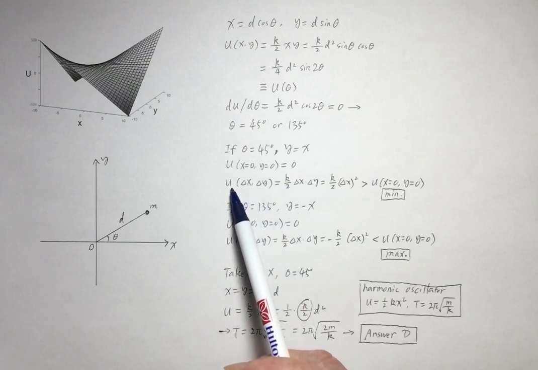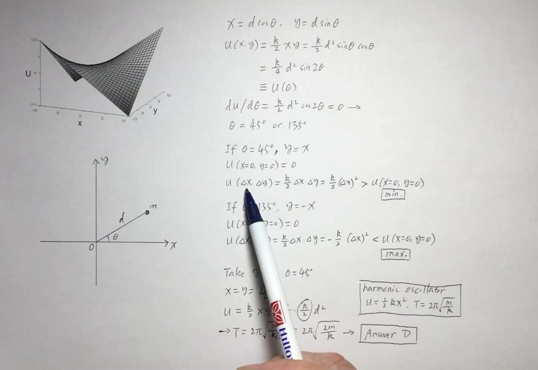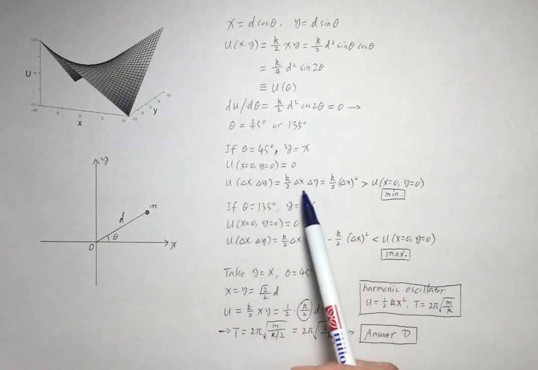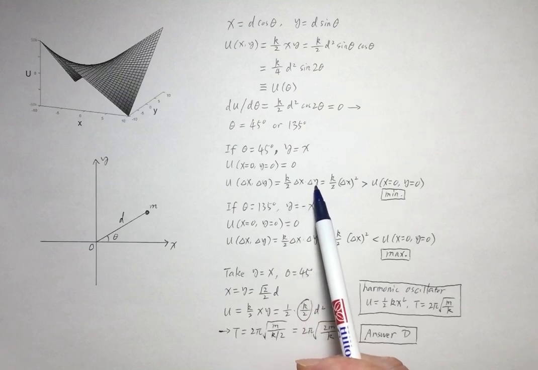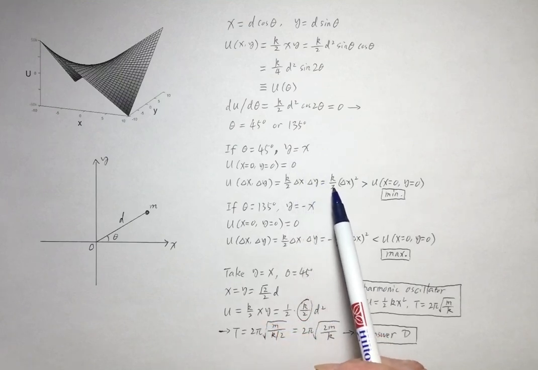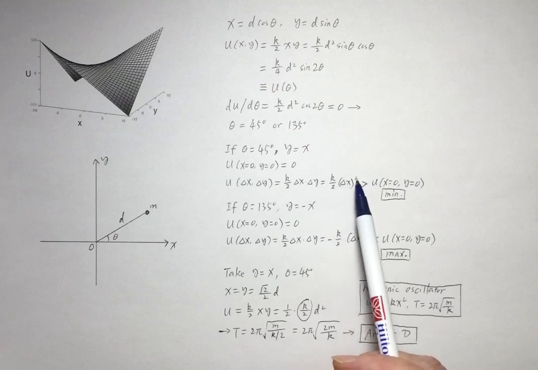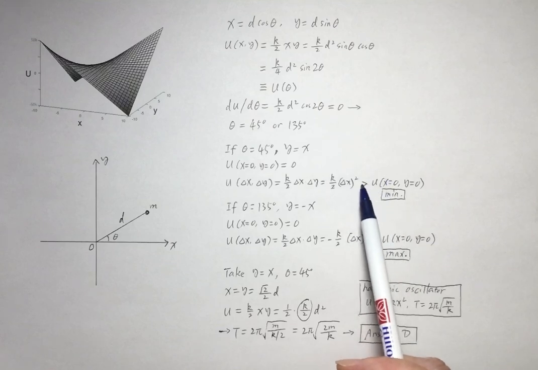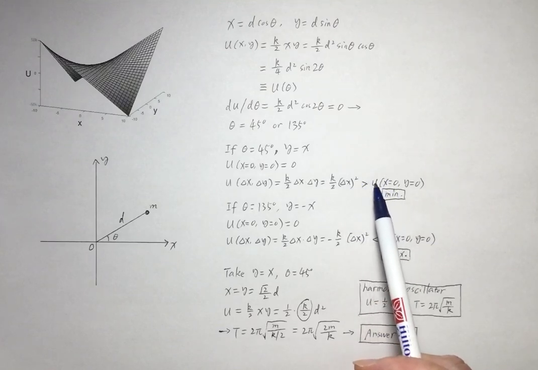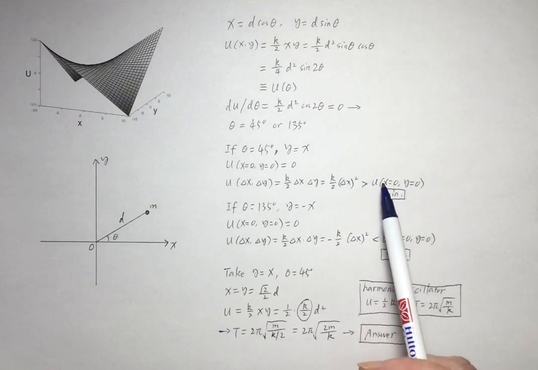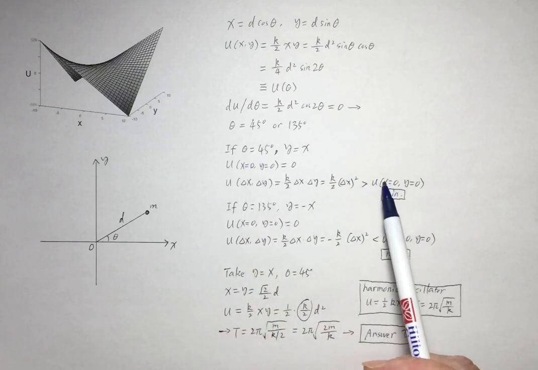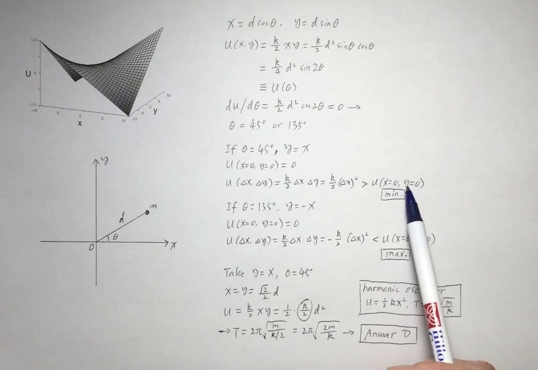Remember the expression is k over 2 delta x delta y. Because y is equal to x, delta y equals delta x. So we have k over 2 delta x squared. This is a positive number, so it's always larger than U, the potential energy at the origin. So this means if theta equals 45 degrees, then the potential energy at the origin is the minimum.